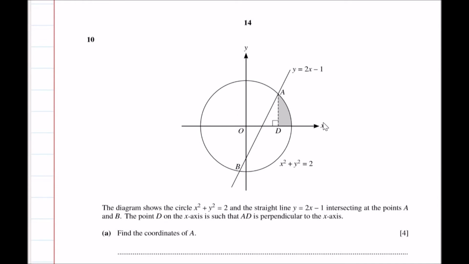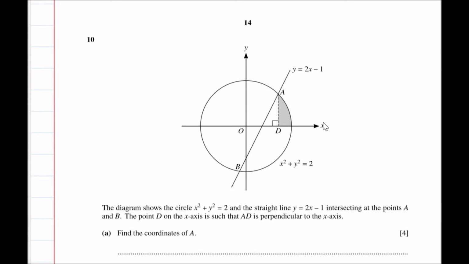Question number 10 says, the diagram shows the circle x squared plus y squared equal to 2 and the straight line y equal to 2x minus 1 intersecting at the points A and B. The point D on the x-axis is such that AD is perpendicular to the x-axis.